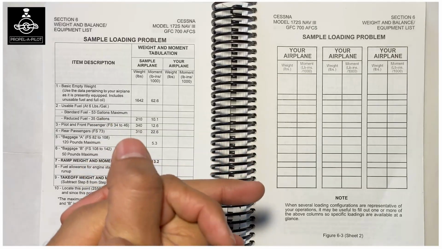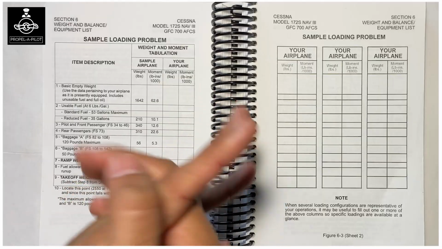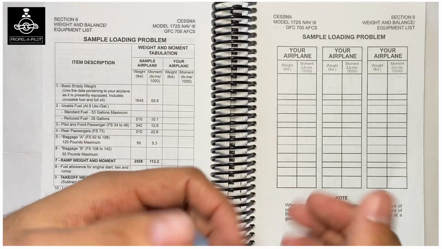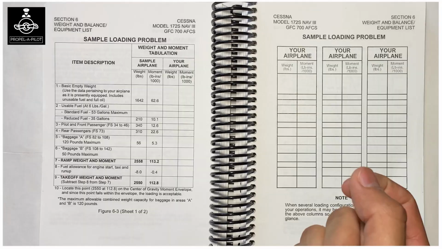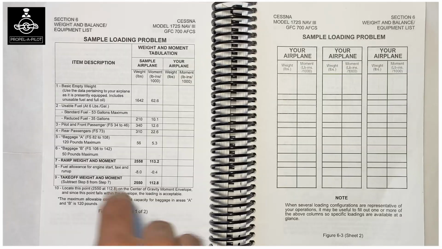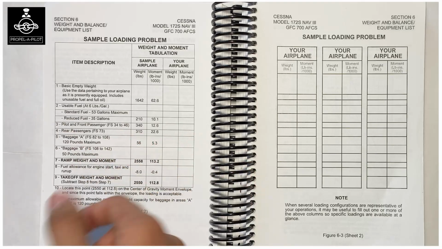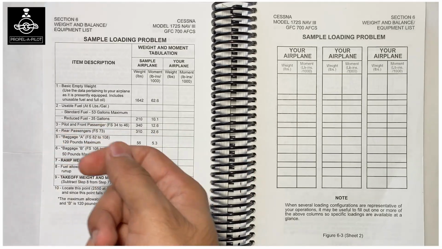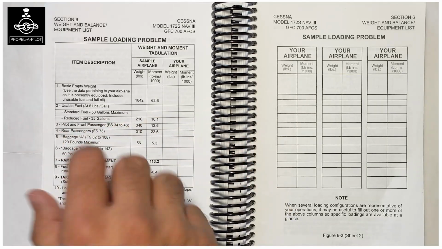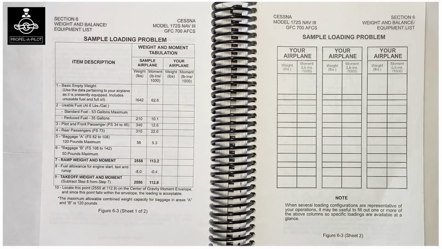A sample loading problem is always given in every pilot information manual and POH so that it helps you weigh and load your aircraft properly and calculate the CG after loading. This is just a general outline of how you should do it. You can have your own method of doing it, as long as you incorporate all of these values, you should be fine.